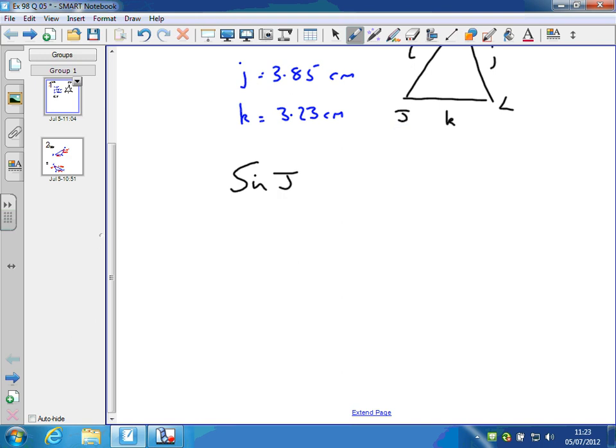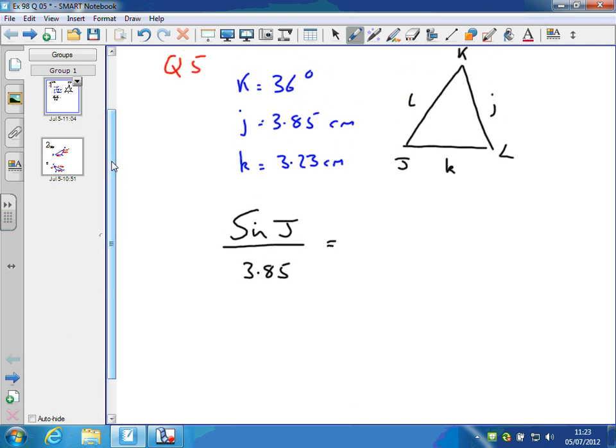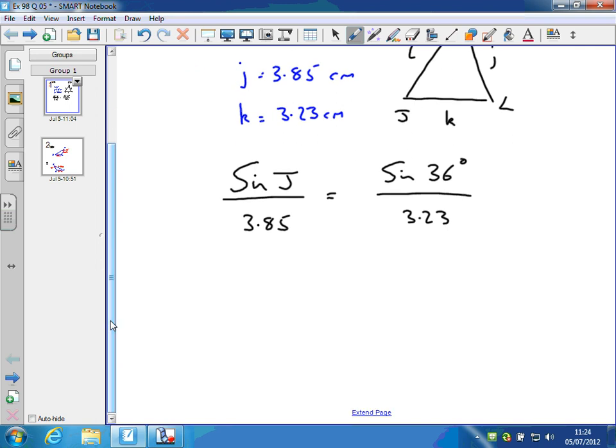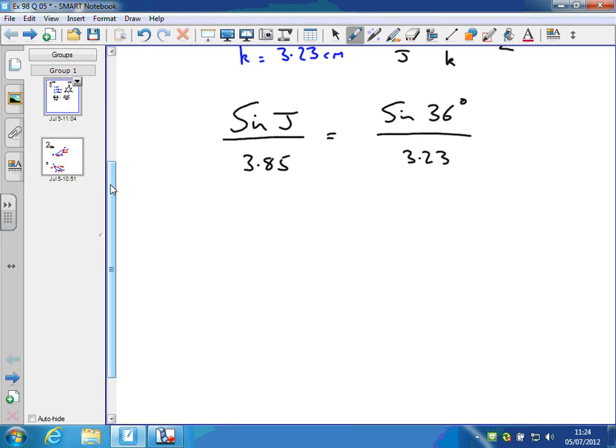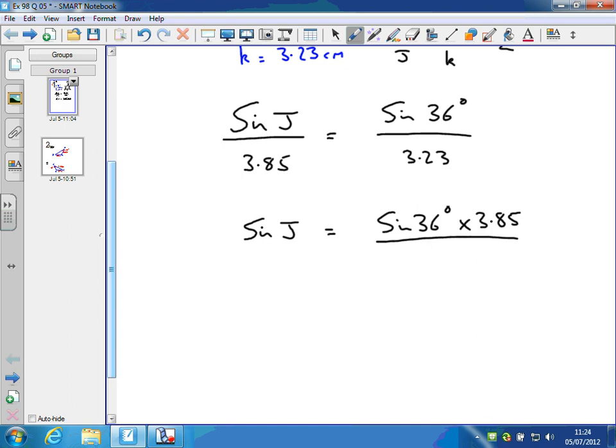Sine J over side J, which is 3.85, equals the sine of the angle that I know, which is K, 36 degrees, over side K, which is 3.23.